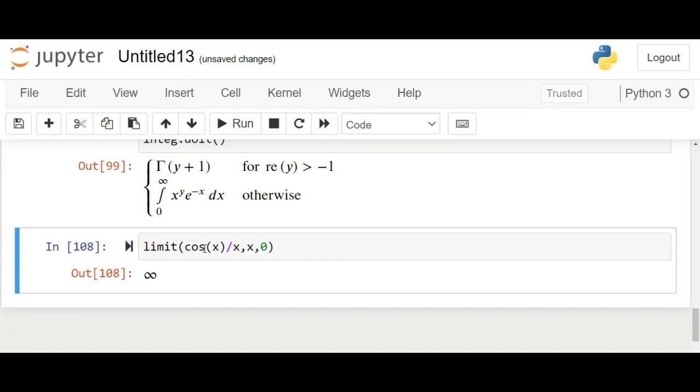in this case our answer will be infinity. And if I write tan of x over here, the limit of tan of x divided by x at x equal to 0, then it will be 1, okay. Similarly, secant of x, our answer will again be infinity.